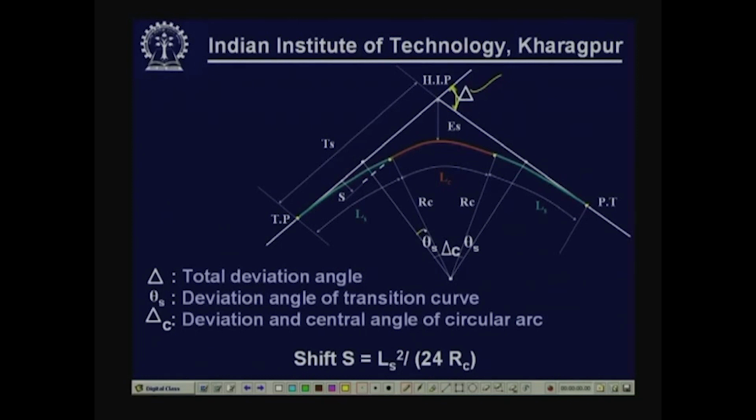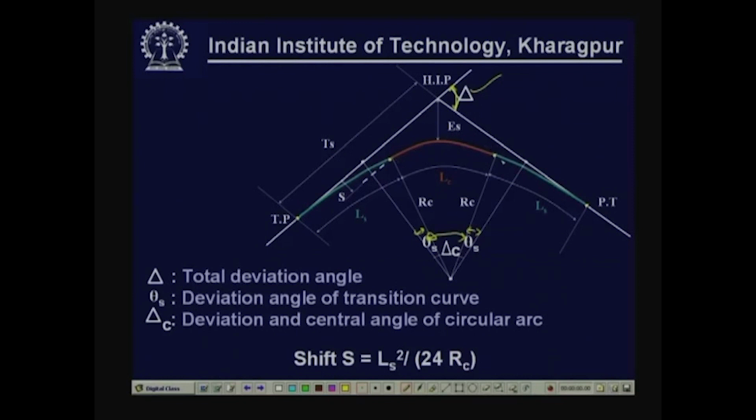This theta s here and also at this end, because a transition curve is introduced at both ends of the circular curve, this theta s is known as the deviation angle of the transition curve, whereas this angle delta c is known as the deviation and central angle of the circular arc. Remember that this red line is actually the circular arc. So, these are some of the elements of a combined transition curve and circular curve.